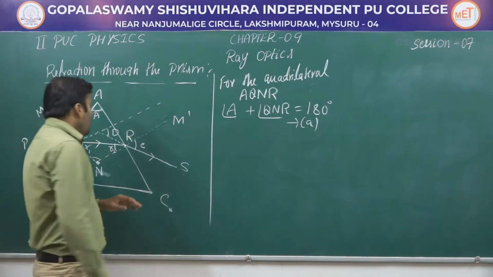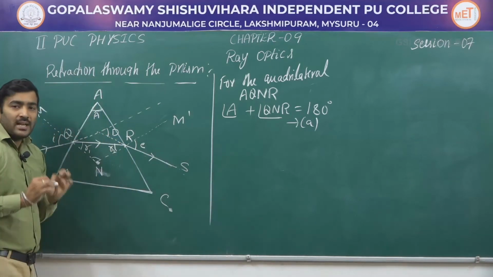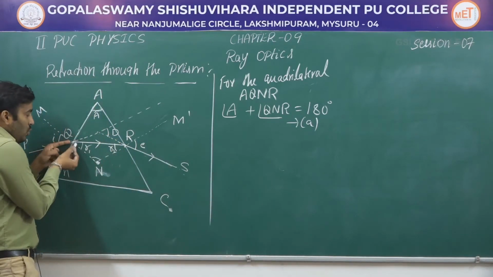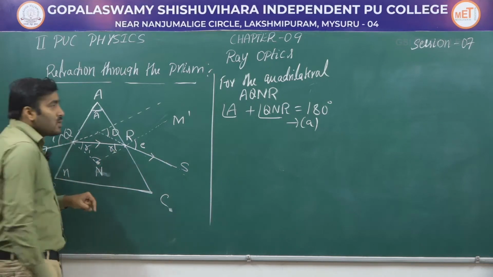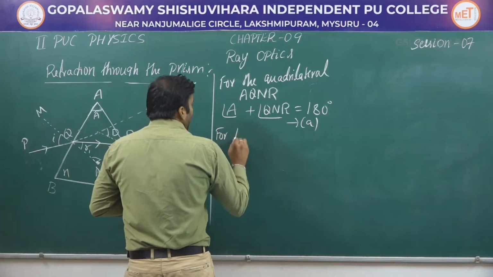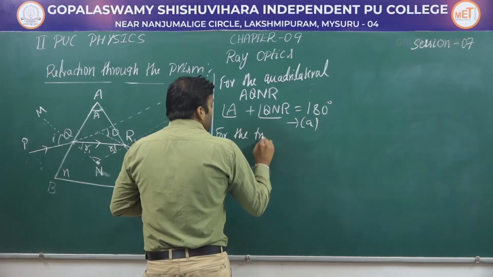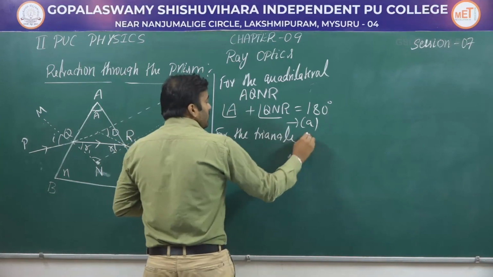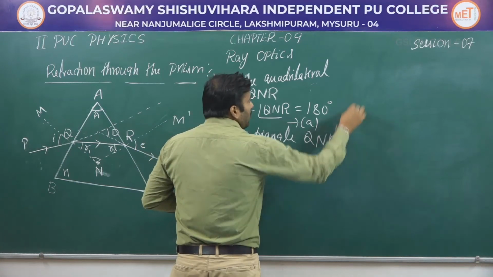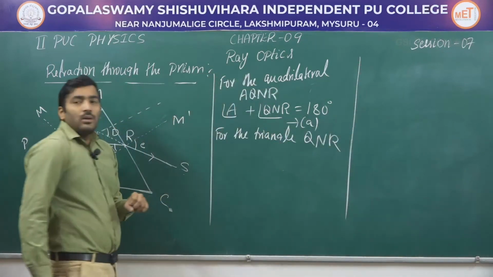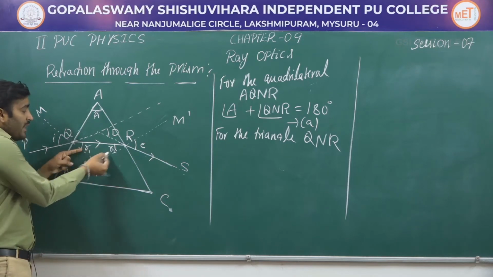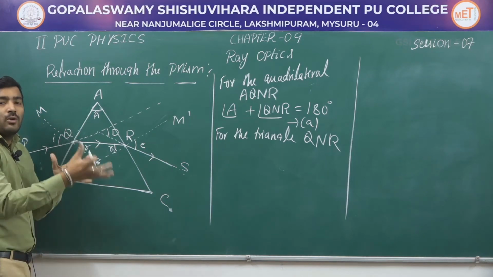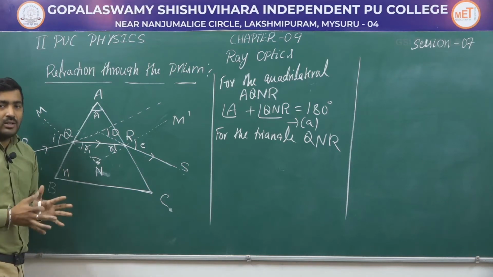Next, let me look at the triangle now. What is that triangle? Triangle QNR, correct? For this triangle QNR, the sum of the interior angles of a triangle is equal to 180 degrees, correct? We have learned that.